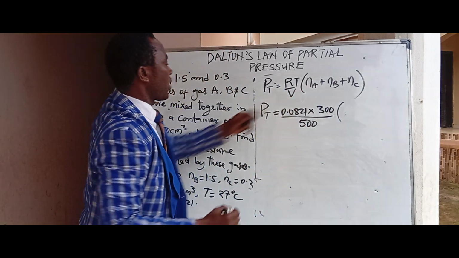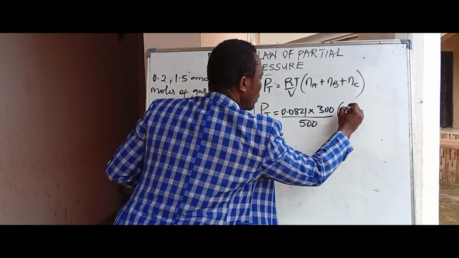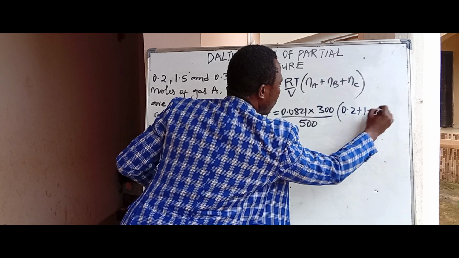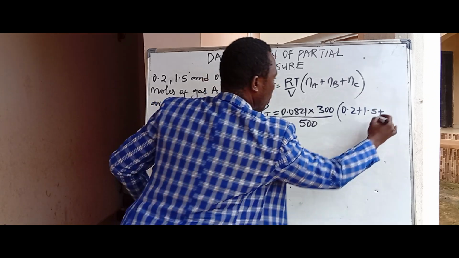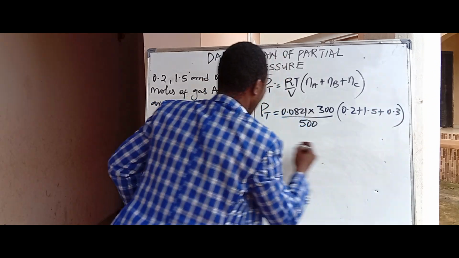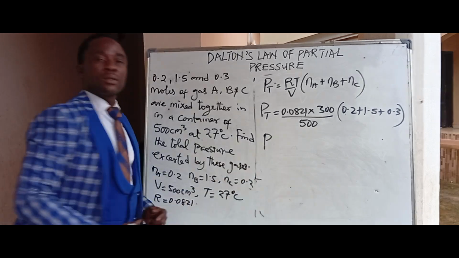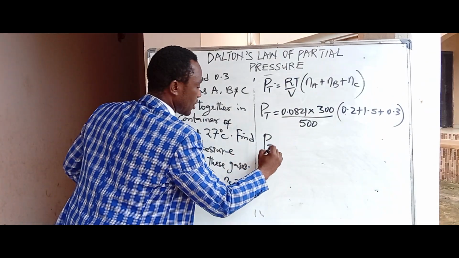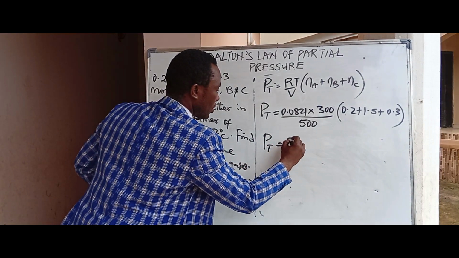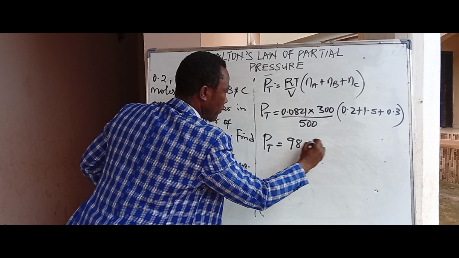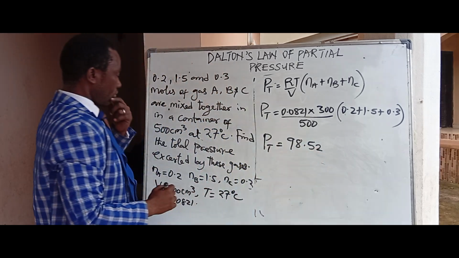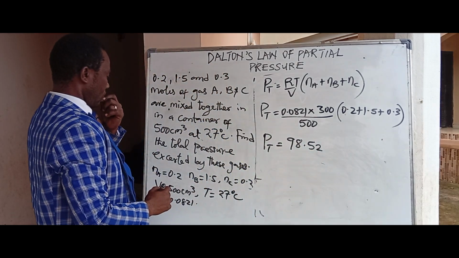Then the number of moles of A is 0.2 plus 1.5 plus 0.3. Now, if you simplify this equation, the total pressure will be equal to 98.52 ATM.